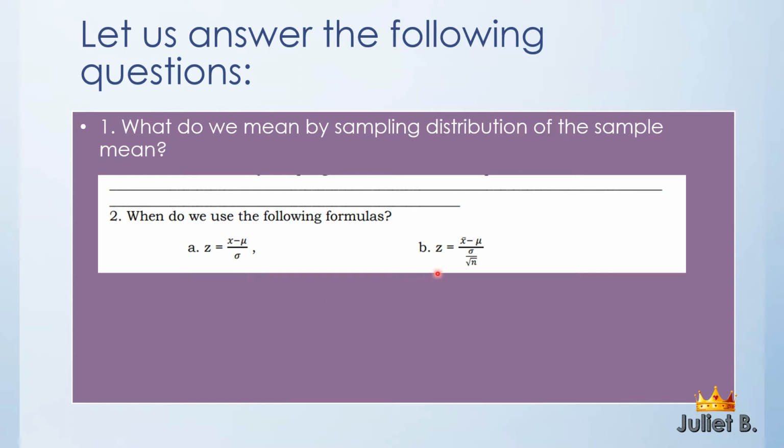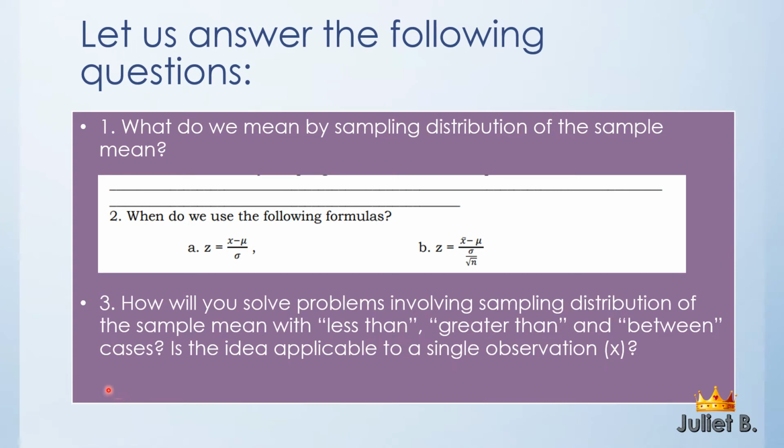And B, z is equal to the sample mean minus population mean divided by the quotient of the standard deviation and the square root of the sample size. And then lastly, how will you solve problems involving sampling distribution of the sample mean with less than, greater than, and between cases? Is the idea applicable to a single observation?